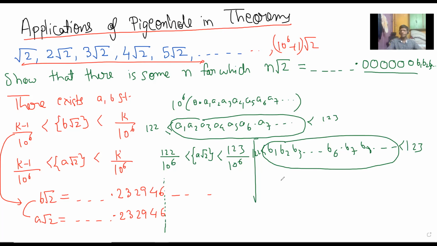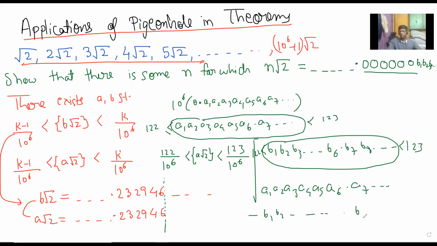And that means the first 6 digits have to be the same. It means that b1 to b6 and a1 to a6 have to be the same number. Is that fine? So then this works, which means 6 is enough.